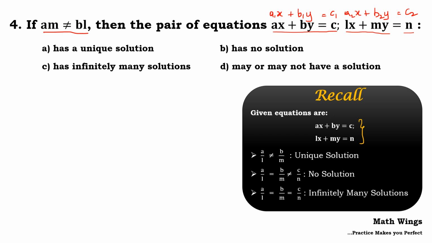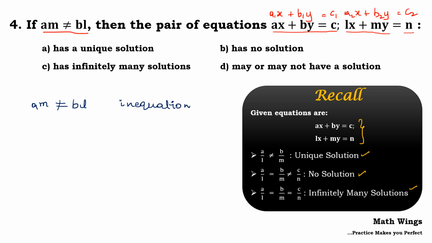Here I've just taken both the equations we have been given, and based on that, there are the conditions for a unique solution, no solution and infinitely many solutions, right? One thing we have to observe is that we are given AM is not equal to BL. If you observe, this is not an equation, this is known as an inequation. So how can we solve inequations here?